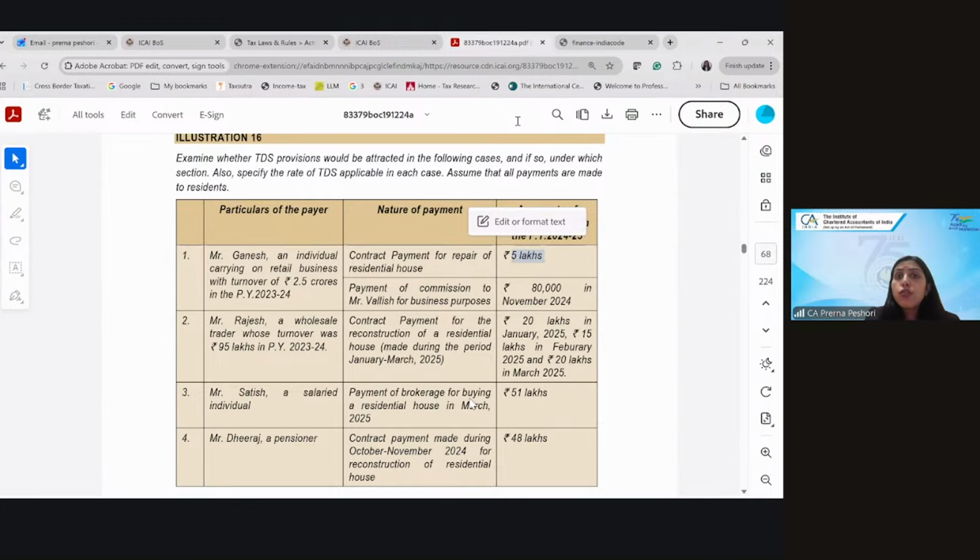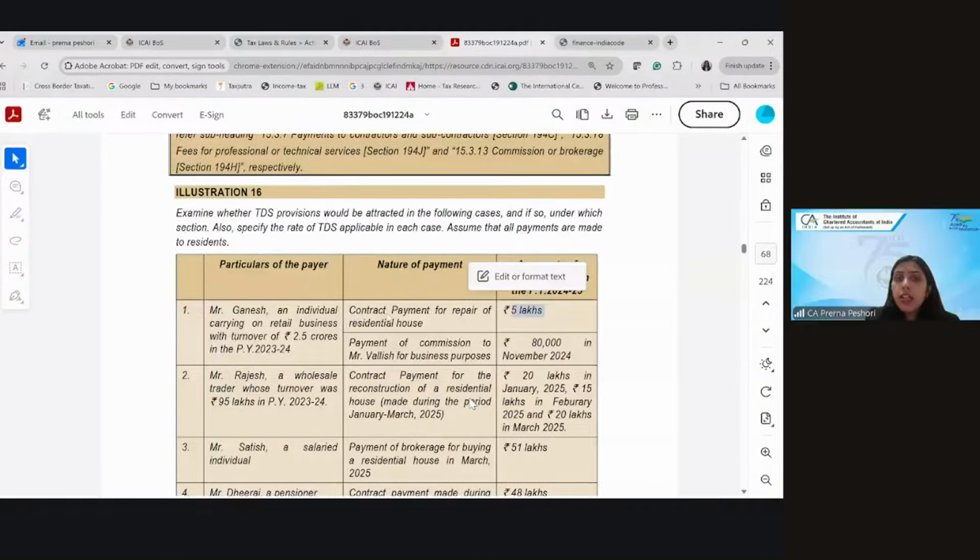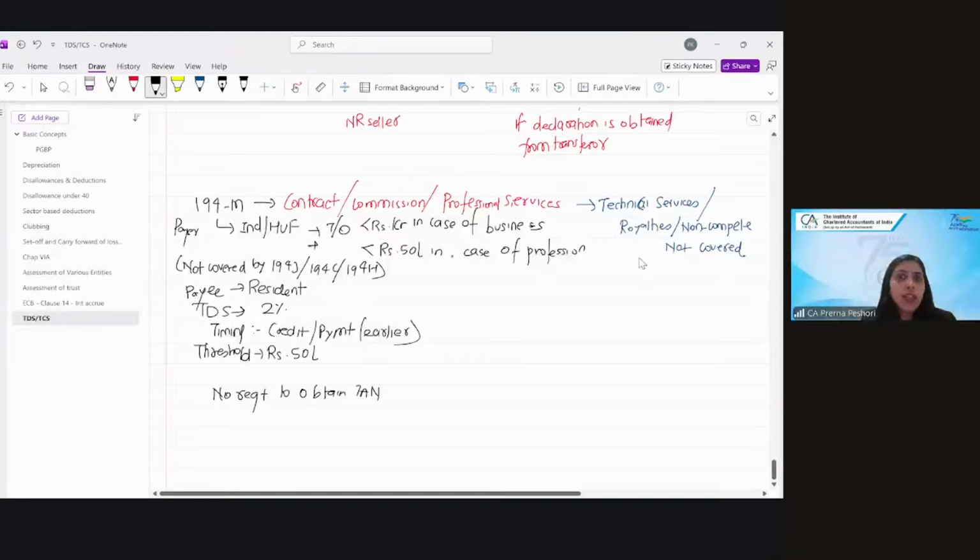So here it is a contract payment for the repair of a residential house, meaning it is for personal purpose. 194C doesn't apply. For the contract payment under 194M, he can be covered under 194M. Because here I have given that the turnover is less than 50 lakh or 1 crore, but this is not given in the Act.